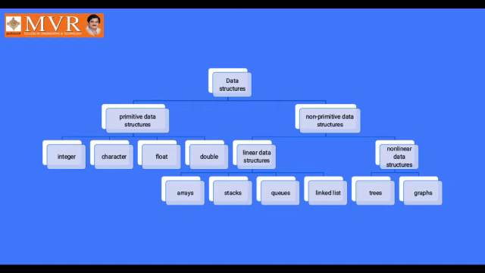In unit 2 I will be explaining linked lists. In unit 3, stacks and queues. In unit 4 and unit 5, trees and graphs concepts. Whenever the unit comes, I will be explaining them in detail.